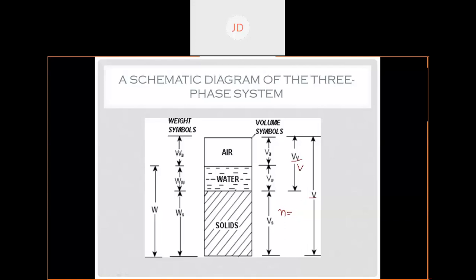So if we divide the volume of void by the total volume of soil, capital V, multiplied by 100, we will get porosity. So it's a very small difference here. Void ratio, small e, is the ratio of dv by Vs, and porosity is the ratio of dv by capital V.